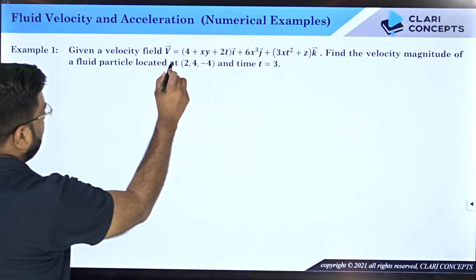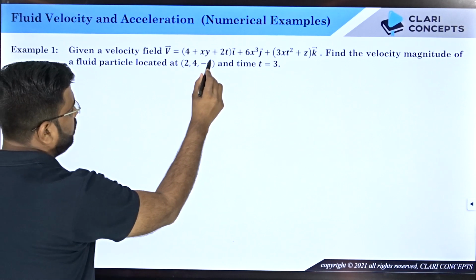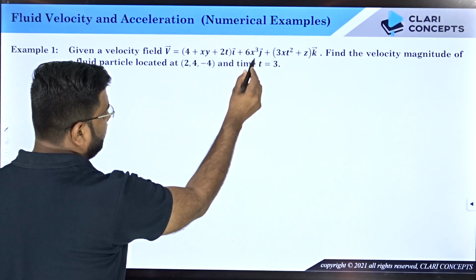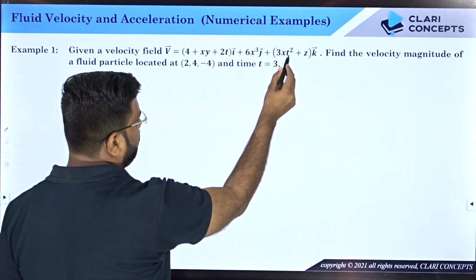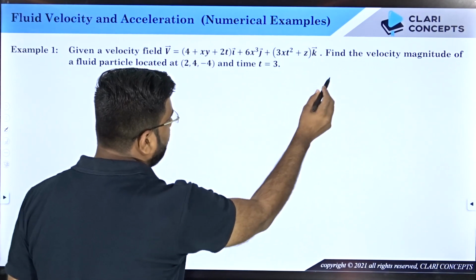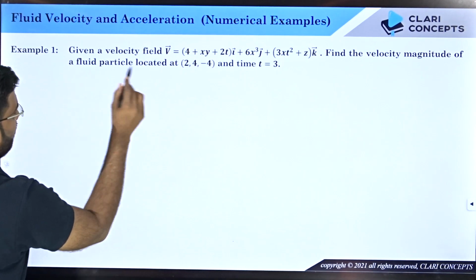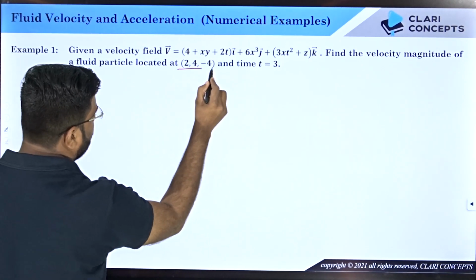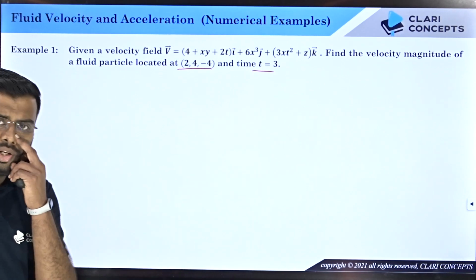Given a velocity field v equals 4 plus xy plus 2t i plus 6x cubed j plus 3xt squared z k, find the velocity magnitude of a fluid particle located at this particular point and at this time. See, the velocity field is given to you.